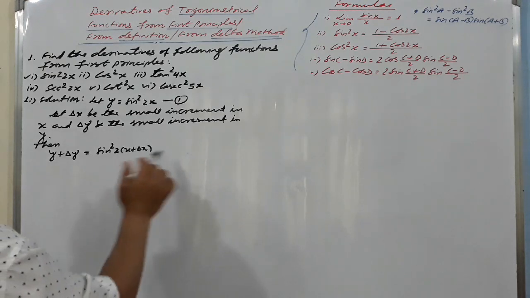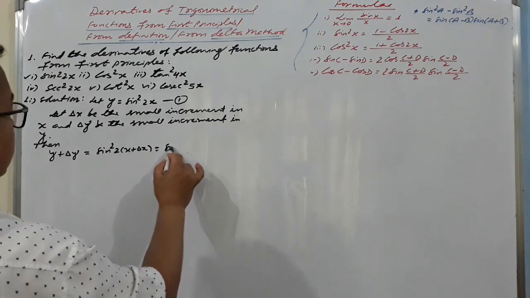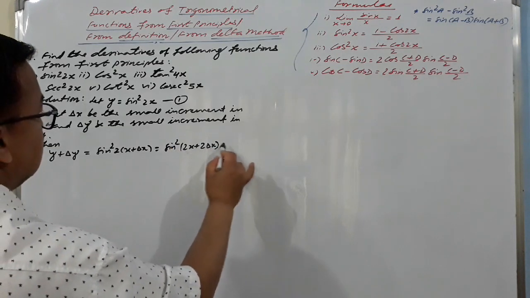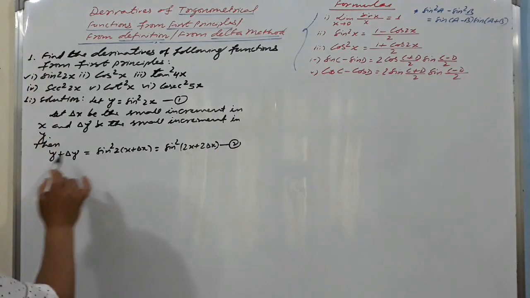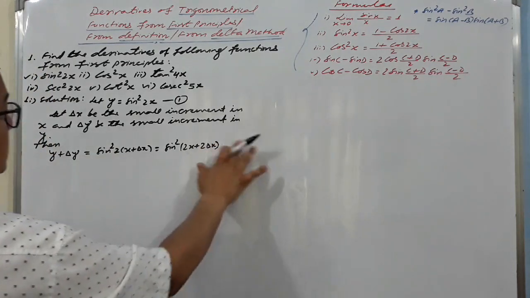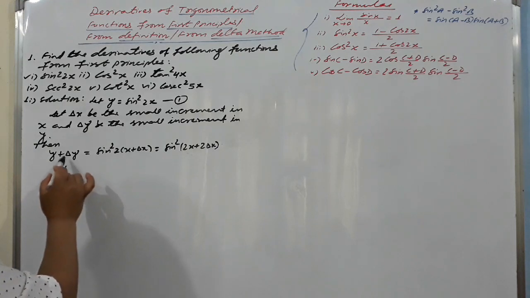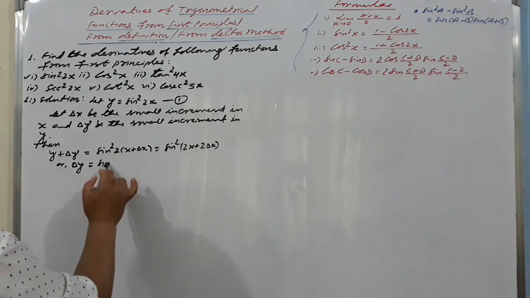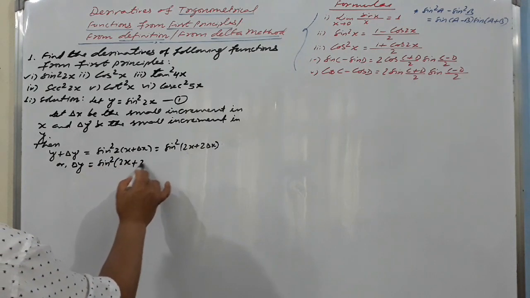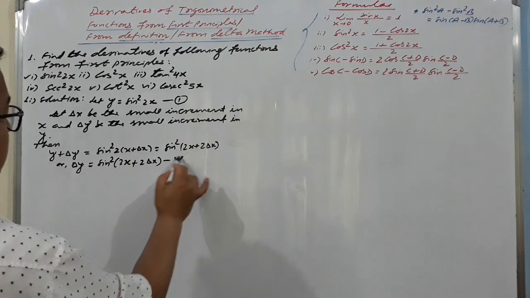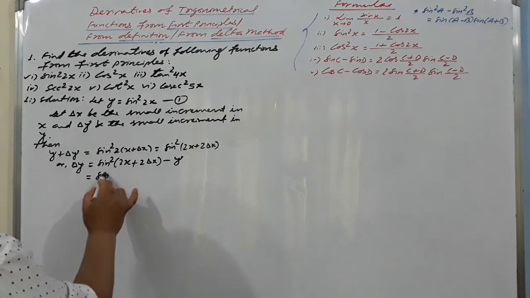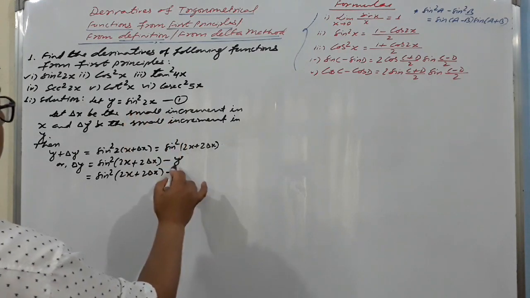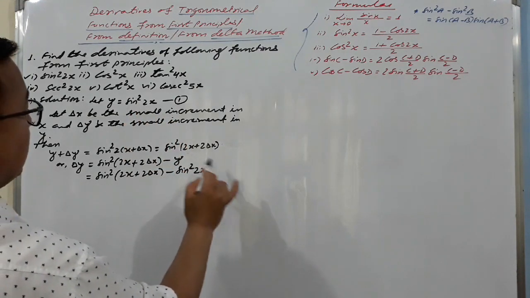So we write sine square of 2x plus 2 delta x. We can transfer y from left to right: delta y is equal to sine square of 2x plus 2 delta x minus y. What is the value of y here? Sine square of 2x.